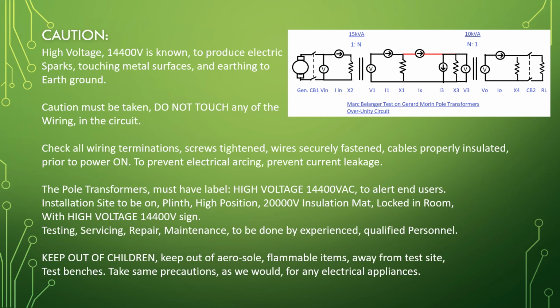Testing, servicing, repair and maintenance to be done by experienced, qualified personnel. Keep out of children, keep out of aerosol, flammable items away from the test site and test benches. Take the same precautions as we would for any electrical appliances.